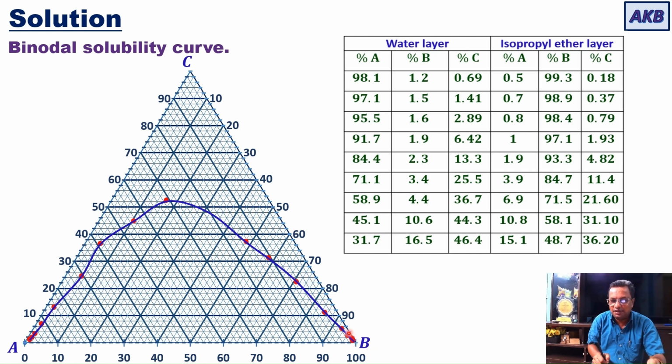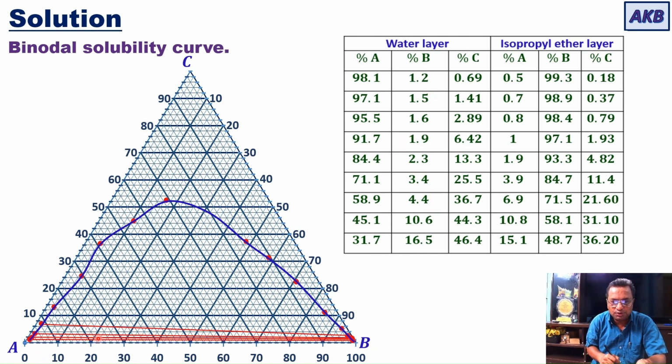I hope you have understood how to plot all these points. And then one more task we are going to carry out: we will be joining the corresponding points. The point representing this composition will be joined to the point representing these compositions. And you know, the line which joins compositions that are in equilibrium with each other, we call a tie line.